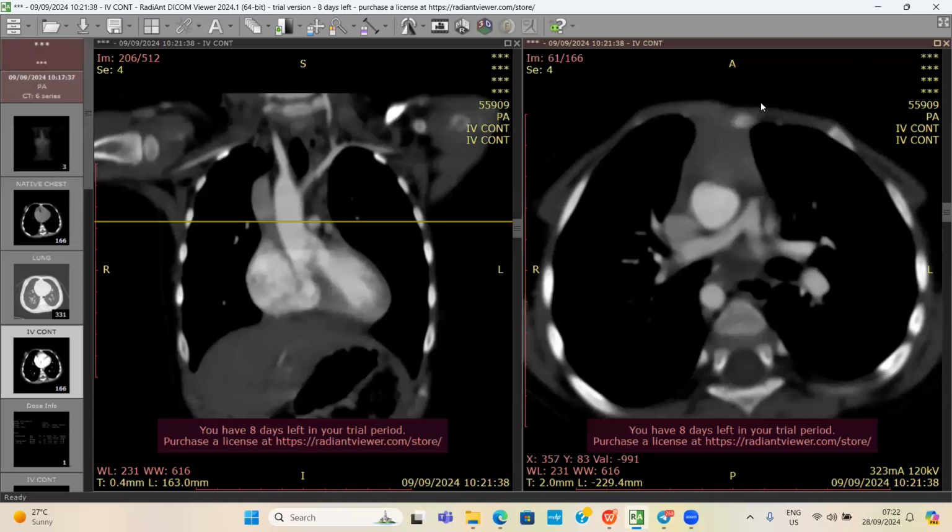Yes, so this is a case of TOF. Yes, that's right. Tetralogy of Fallot.